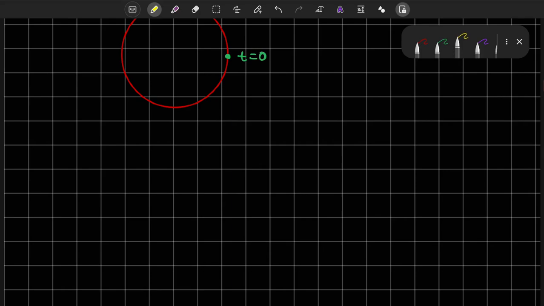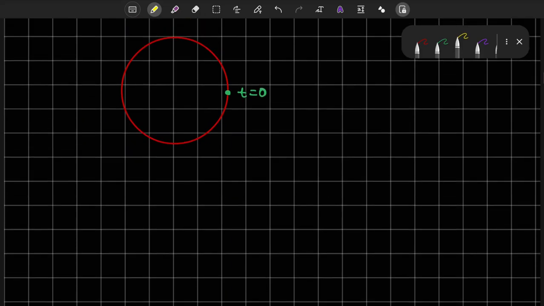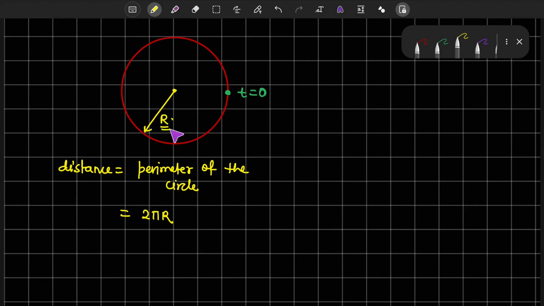So let us first find out the total perimeter of the circle, or the total distance covered by the particle if it is moving in the entire circle. That we can write as distance is equal to perimeter of the circle, that is 2 pi r, where r is the radius of the circle.